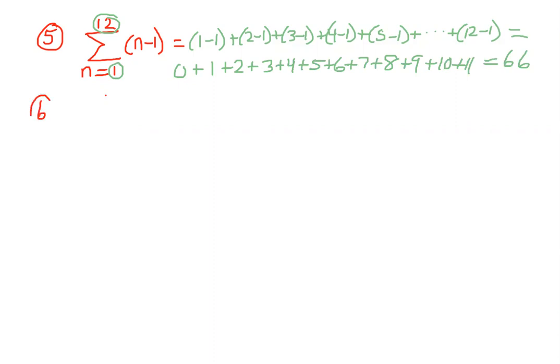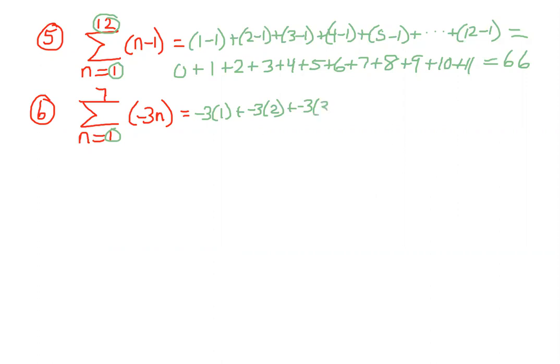Okay, number 6, we've got the sum of n going from 1 to 7 of negative 3n. So that's going to be, this is where we're starting, negative 3 times 1 plus negative 3 times 2 plus negative 3 times 3 plus negative 3 times 4 plus all the way up to negative 3 times 7.